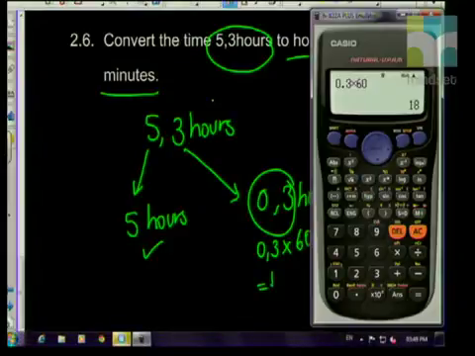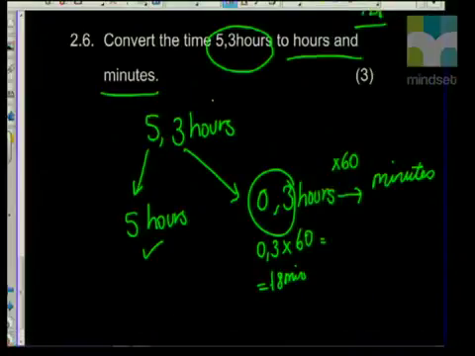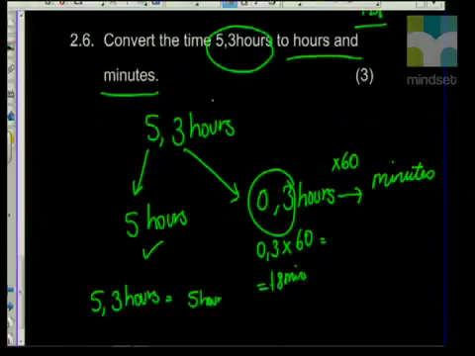So that makes 18 minutes. So my whole answer then is that 5,3 hours is equal to 5 hours and 18 minutes.